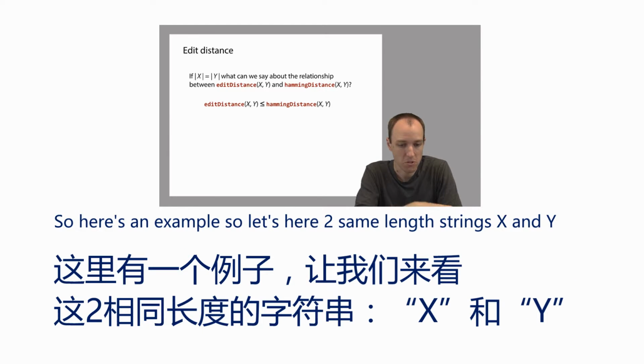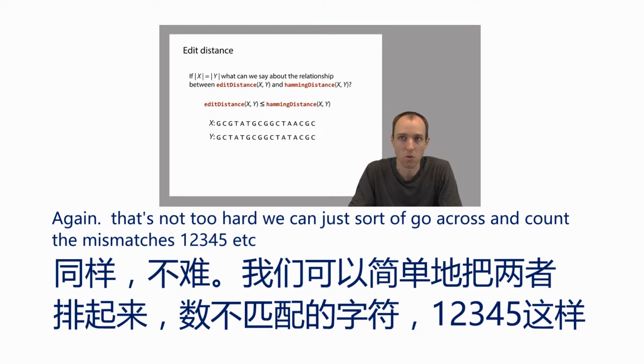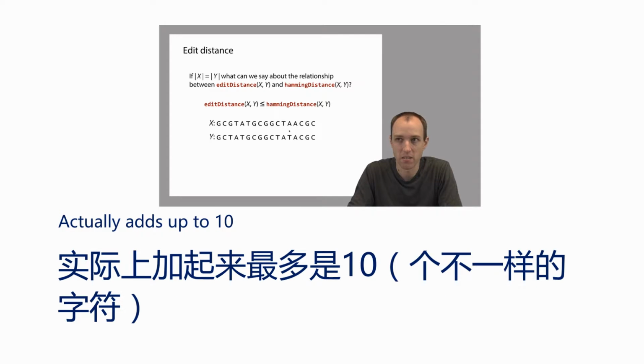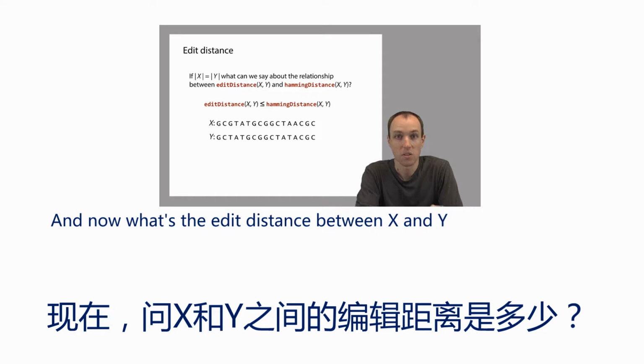So here's an example. Here are two same length strings, x and y. And what's the Hamming distance between x and y? Again, that's not too hard. We can just go across and count the mismatches. So 1, 2, 3, 4, 5, etc. It actually adds up to 10. So the Hamming distance between x and y is 10. And now what's the edit distance between x and y?